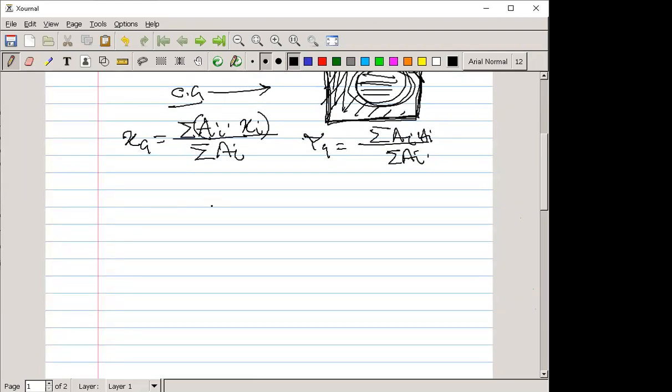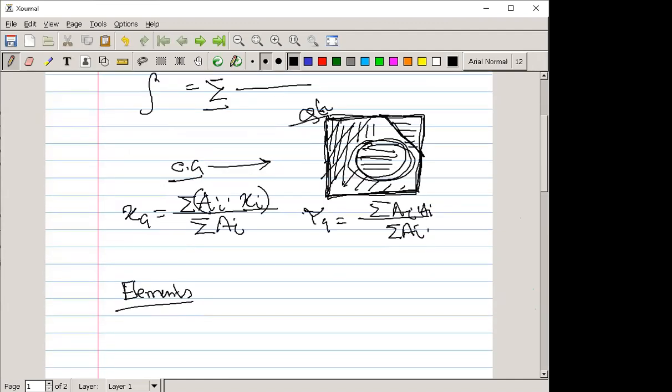First, to do this, you have to prepare some sections. Suppose this is the element. First we have to define this portion. Draw it yourself also.